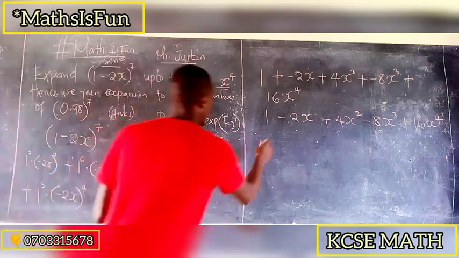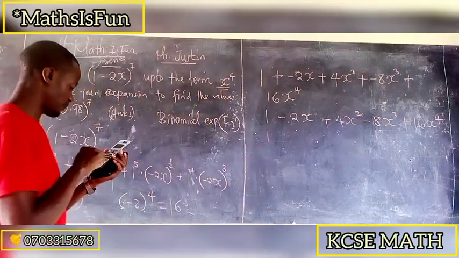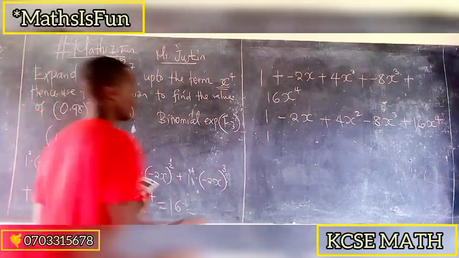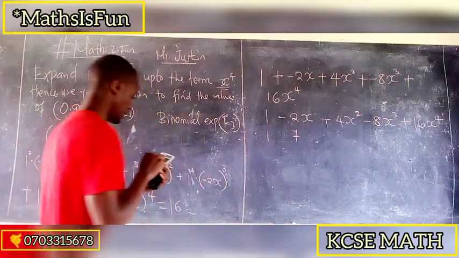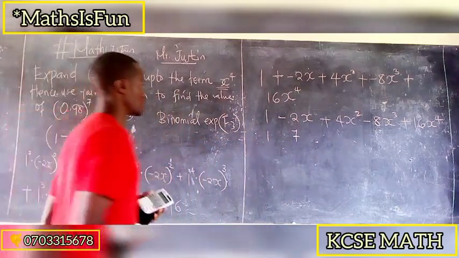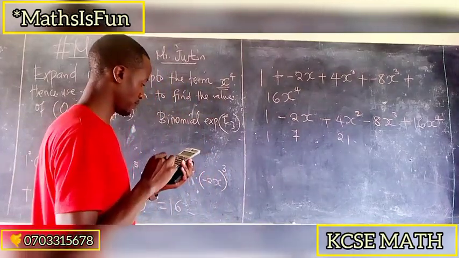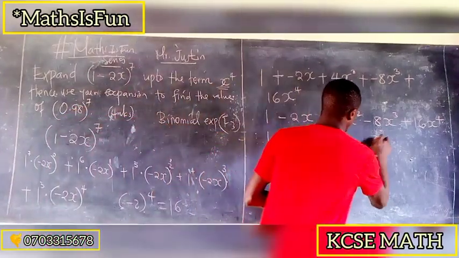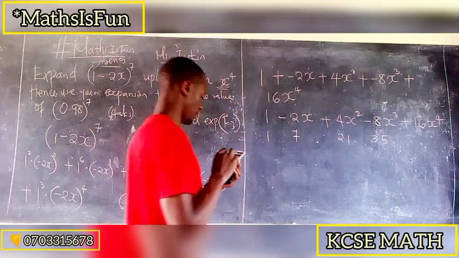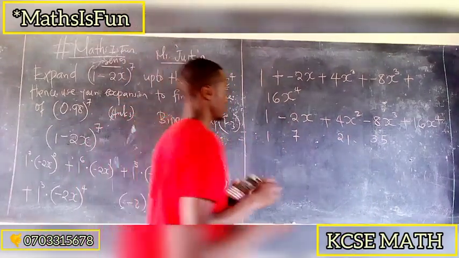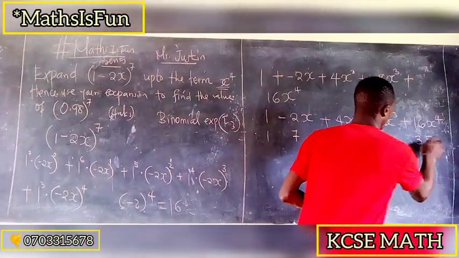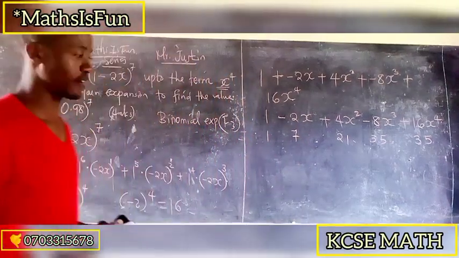Here it gives me 1, 7, 21, 35, 35. So those are the binomial coefficients.